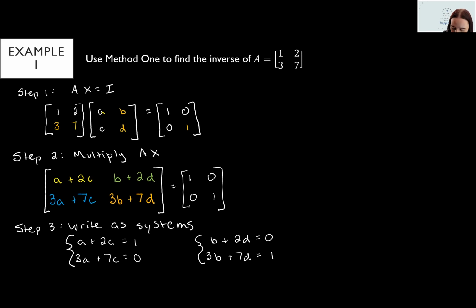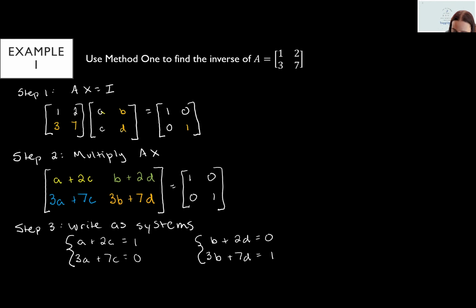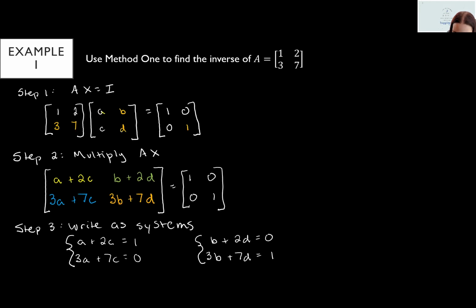So I'm going to start by rewriting my systems here. And the first one I'm going to solve for A. So that would be A equals 1 minus 2C. And then the second equation is 3A plus 7C equals 0. And then my second system, I'm going to solve for B, that first equation.